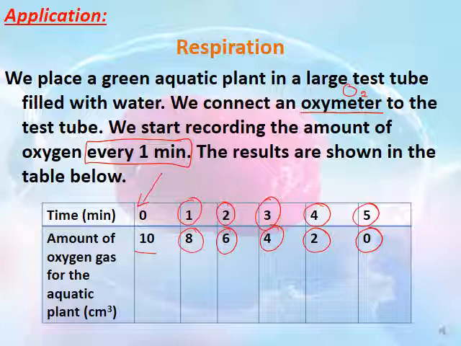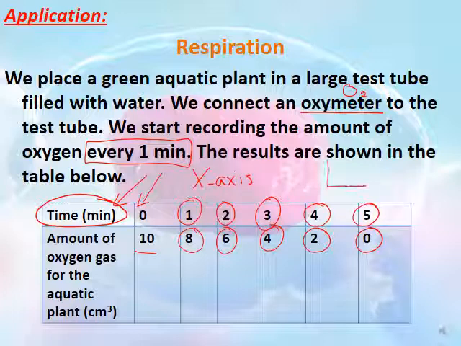So first of all, in order to convert this table into a graph, you have to know which one is on the x-axis and which one on the y-axis. Always the one in the row above in the table is going to be on the x-axis. So the one above in the table should be below in the graph.